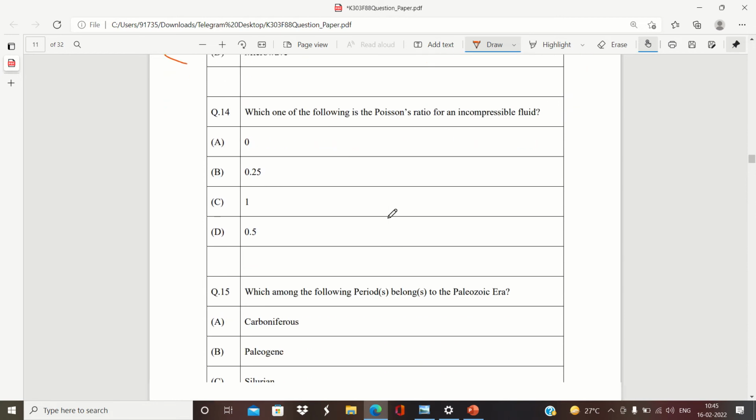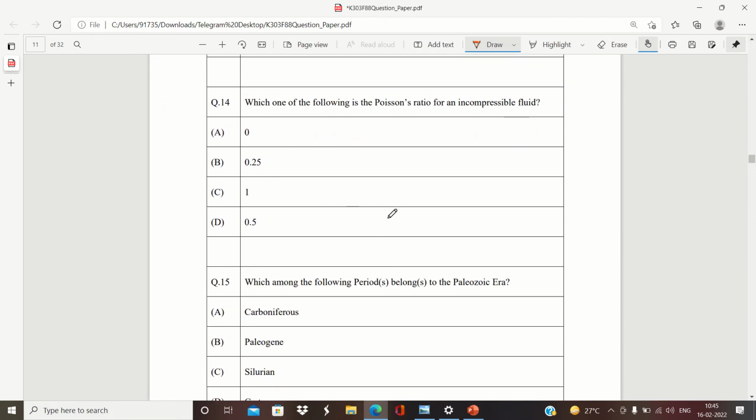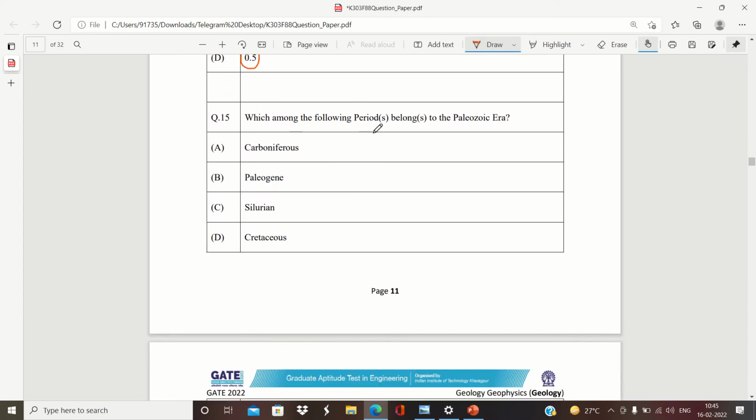Now let us see another question. Which one of the following is the Poisson's ratio for an incompressible fluid? The range of Poisson's ratio is from 0 to 0.5, and for the incompressible fluid the answer is 0.5, or 1 by 2. Then another question is, which among the following periods belong to the Paleozoic era?